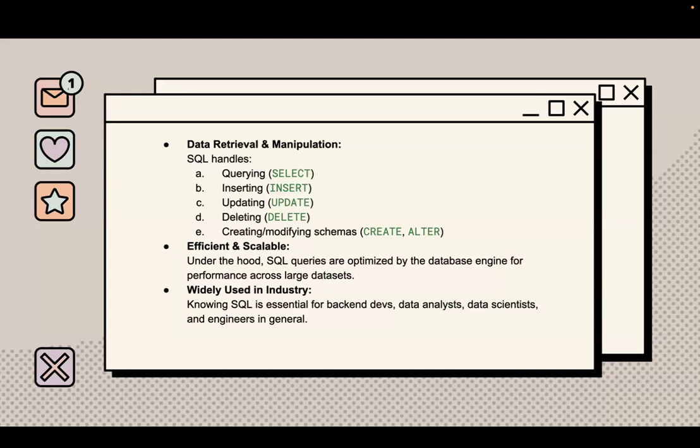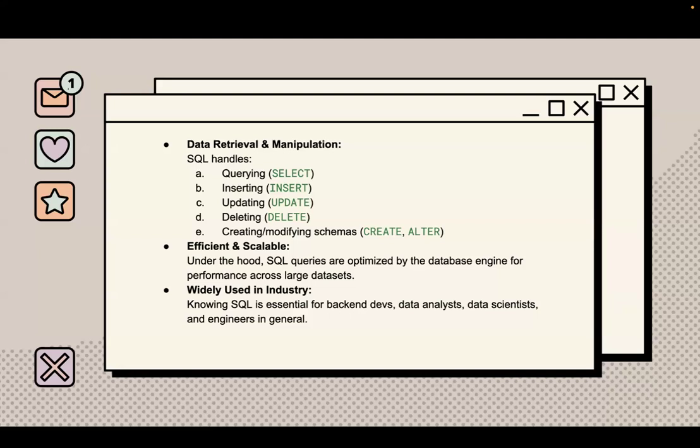So under the hood, SQL queries are optimized by the database engine. So it's very different from, let's say you have a text file and you just read everything from the text file and do everything in memory. That works for a small amount of data, but it's not scalable for a larger amount of data. Instead, they organize these files into different parts, so that we don't actually have to access all the files.